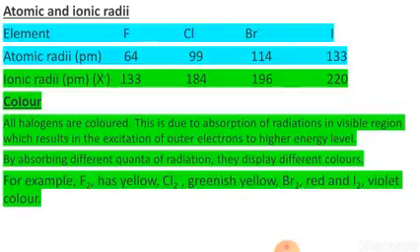Fluorine requires large excitation energy because the force between the nucleus and the outermost electron is very large. So it absorbs high energy, that is violet light, and hence shows a yellow color.